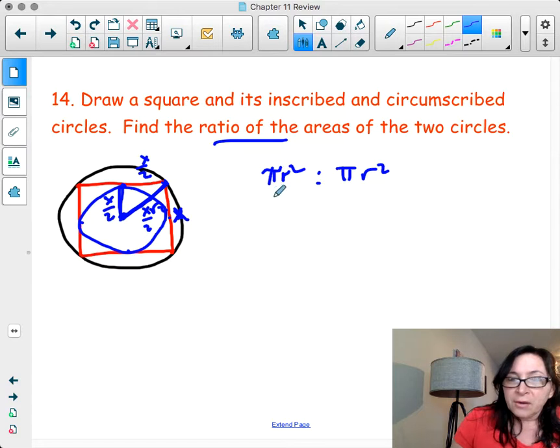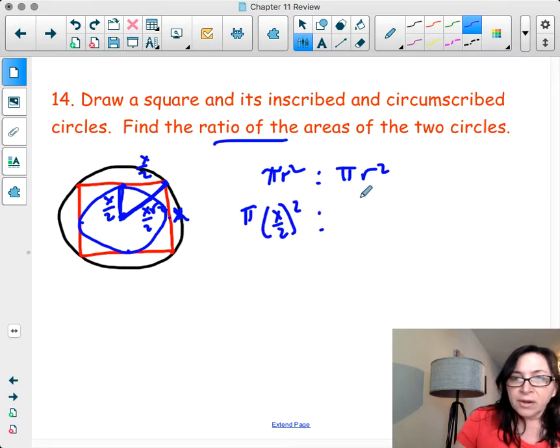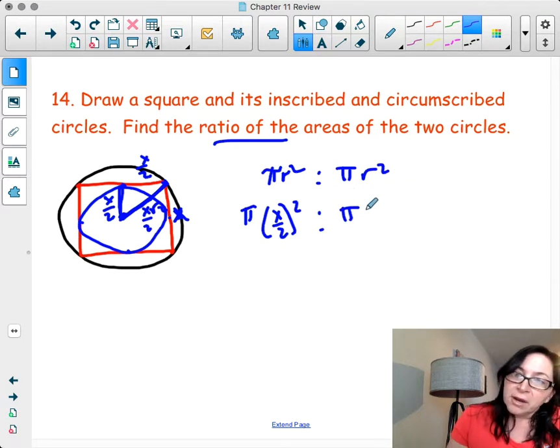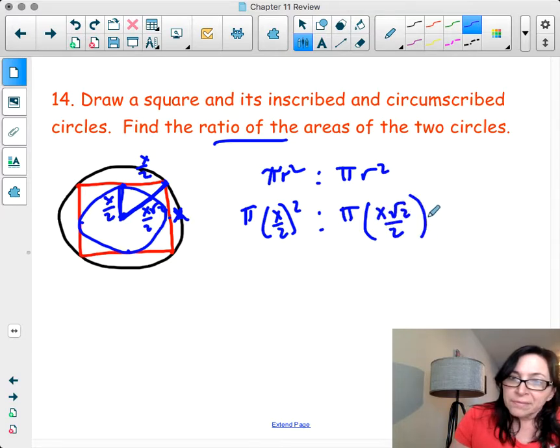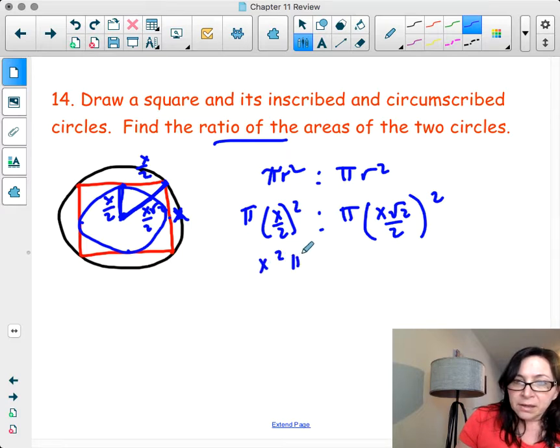So the area of my small circle is pi r squared, which is x over 2 squared. And the area of my large circle is going to be pi r squared. In this case, my r is x root 2 over 2, squared. So this is going to make x squared pi over 4.